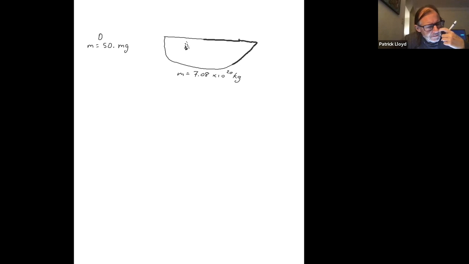Now, I'm not sure what the mass of the Earth is. Isn't the mass of the Earth 10 to the 24 kilograms? It must be 10 to the 27th or 10 to the 28th kilograms, because the Pacific Ocean doesn't weigh as much as the Earth. That's for sure. Okay, I'll have to check that. So that's how much that weighs. So notice this is in milligrams, right? This is called a milligram.